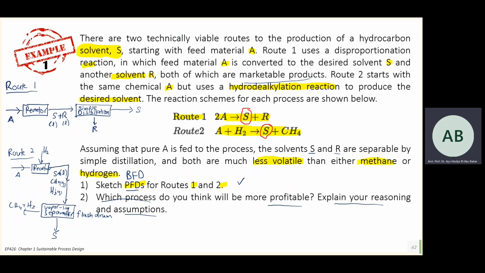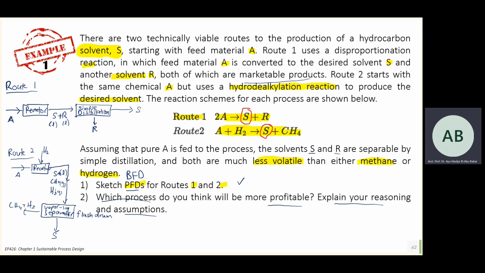Let's say you say route 1 is more profitable because only simple distillation will be used and byproduct R can be sold.